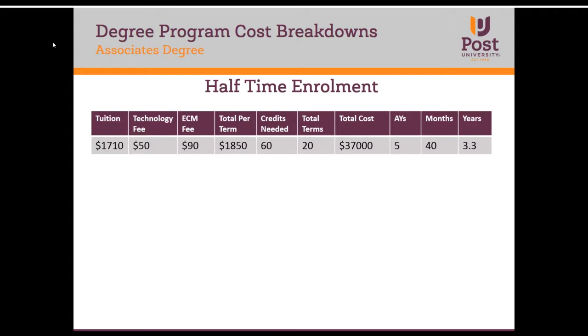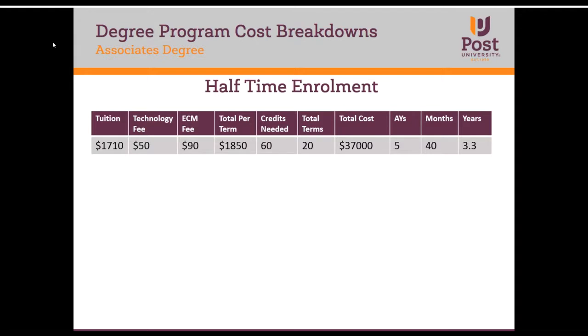So we talked about those 32-week academic years. Taking half-time classes, this is going to take 5 32-week academic years, which is about 40 months or 3.3 years. So your associate's degree will take a little bit longer than average if you're going half-time. And I want to stress that our program is designed not only to be accelerated, but to be flexible.